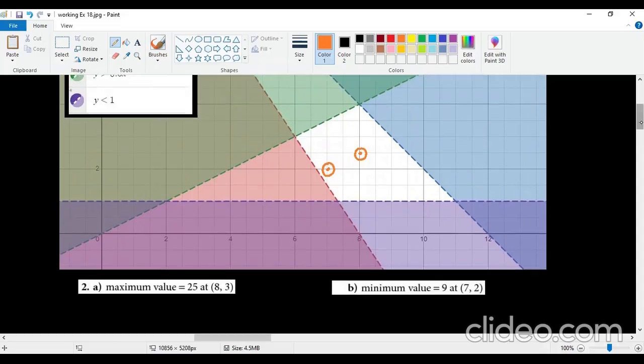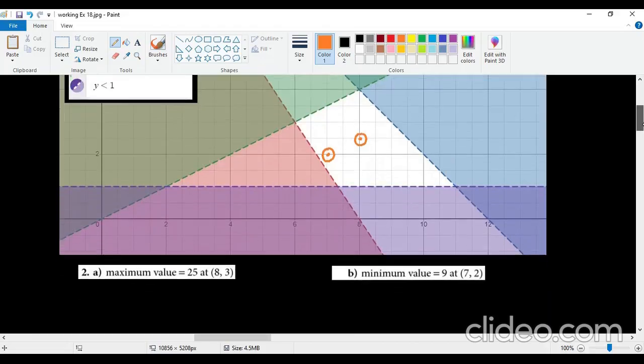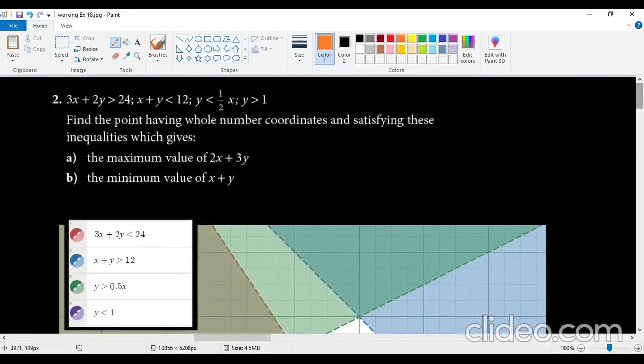Now bringing these two points over here and getting the values done. 8, 3 is the maximum point and 7, 2 is the minimum point.